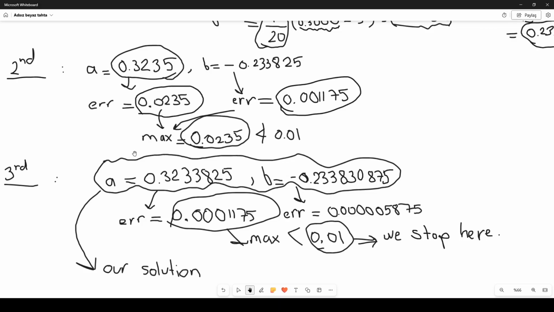And then, as I continue, you see that we approach some values for both unknown variables while we reduce the errors. So we try to satisfy the error tolerance while we are converging to the desired output, which is our exact solution.